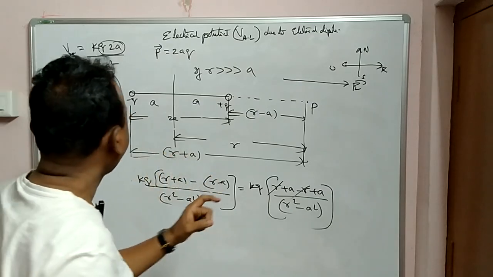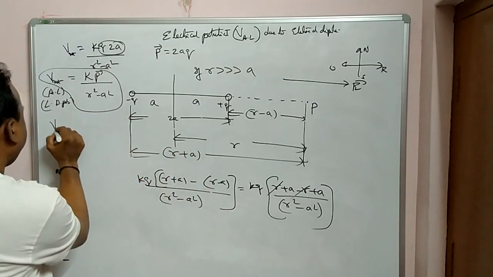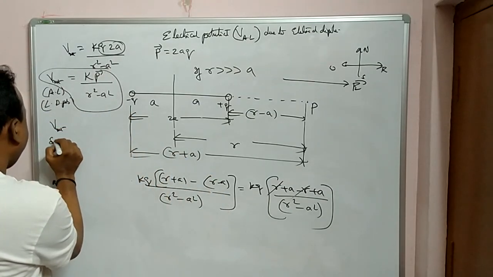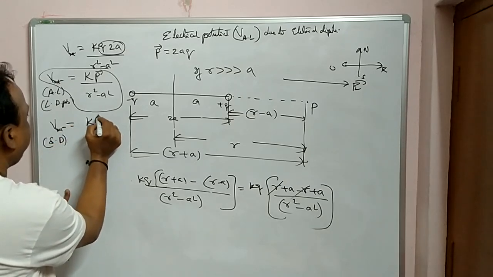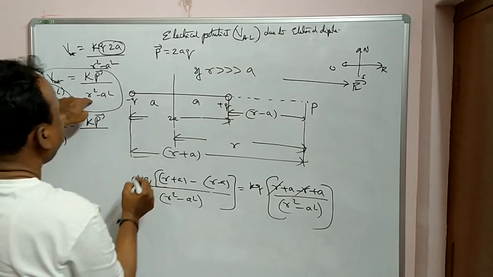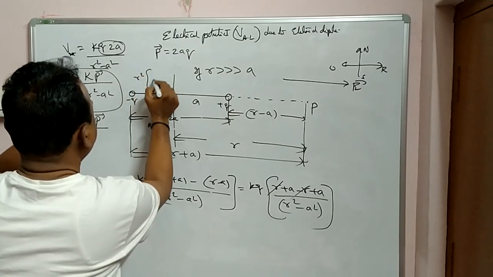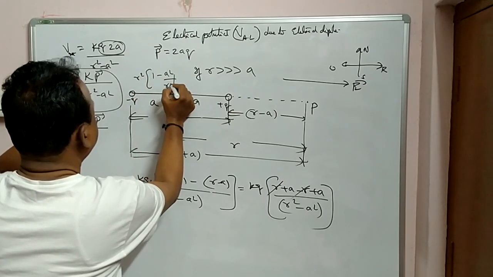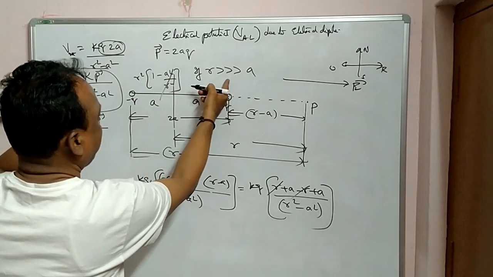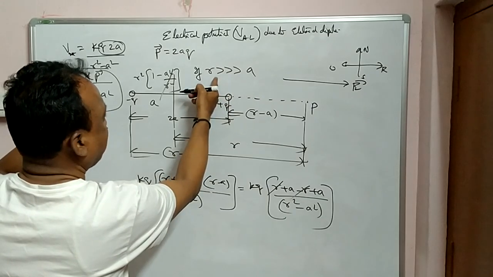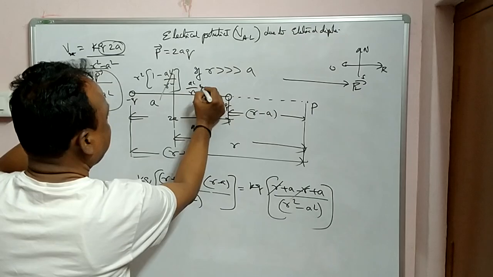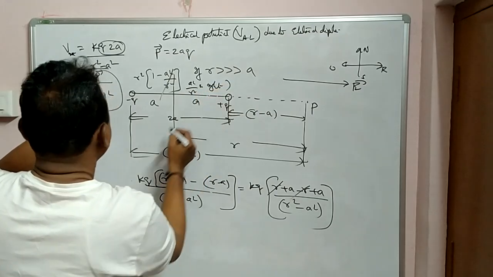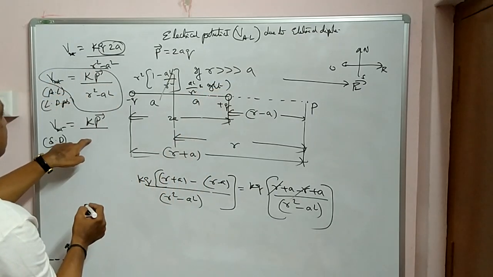It becomes a short dipole. So V net for short dipoles is given by kp by, you can take common here, r square into 1 minus a square by r square. So for short dipoles r is very large, so a square by r square can be neglected, and only r square will be left over here.